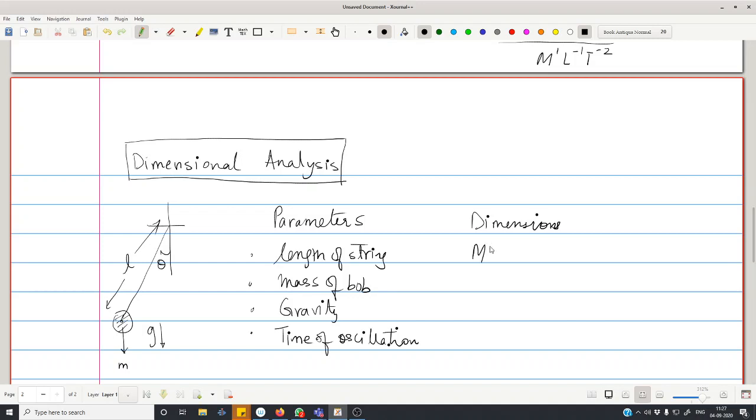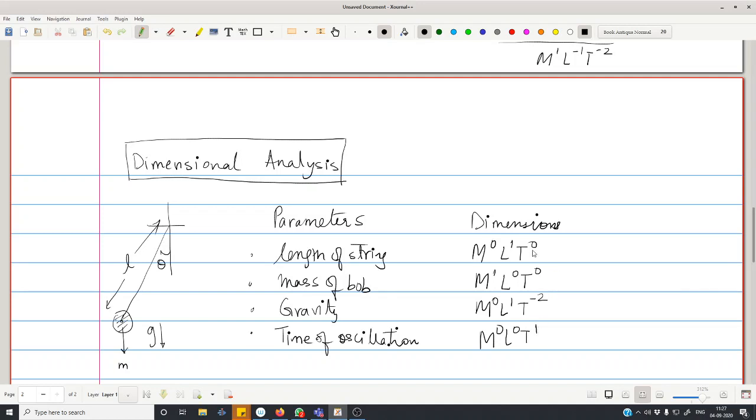Length of string, m to the power 0, l to the power 1, t to the power 0. Mass of bob, m to the power 1, l to the power 0, t to the power 0. Gravity, m to the power 0, l to the power 1, t to the power minus 2. Time of oscillation, m to the power 0, l to the power 0, t to the power 1.